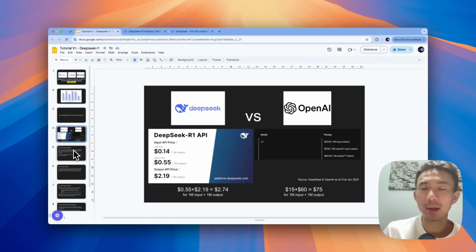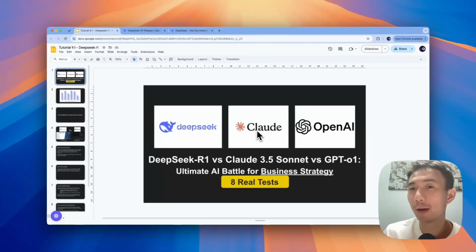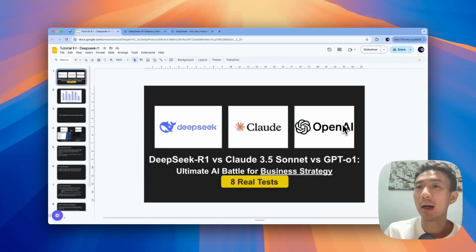But how about the performance? How about the quality of the output? So today I'm going to do 8 real tests comparing the DeepSeek-R1 model, Claude 3.5 Sonnet, and OpenAI GPT-o1 model on business use cases. So let's start our demo.